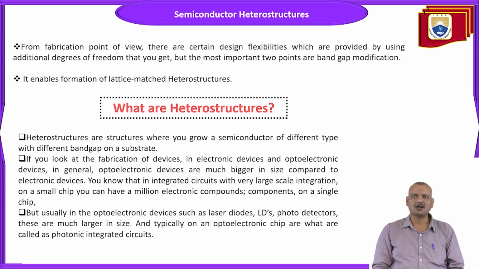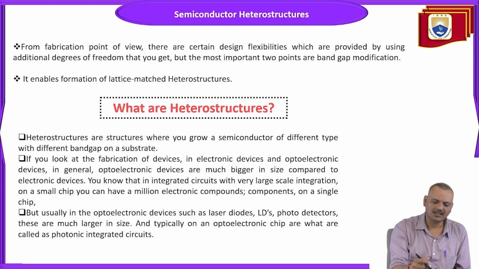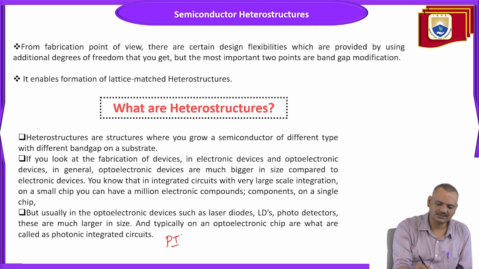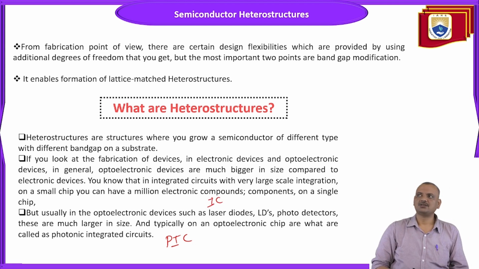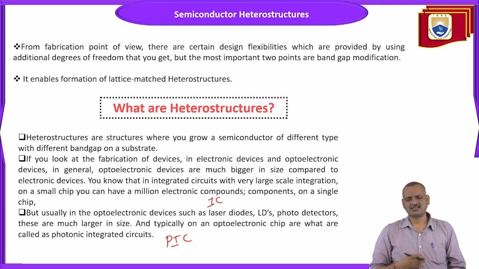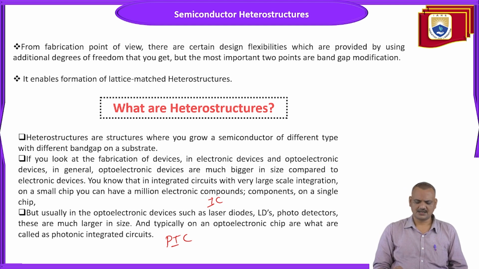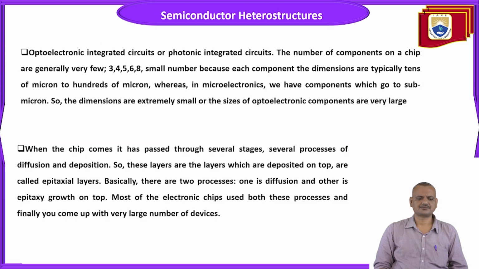Typically, an optoelectronic chip is called a photonic integrated circuit, PIC. In electronic devices we use IC, integrated circuit, but in optoelectronic devices, that chip is known as a photonic integrated circuit, PIC.